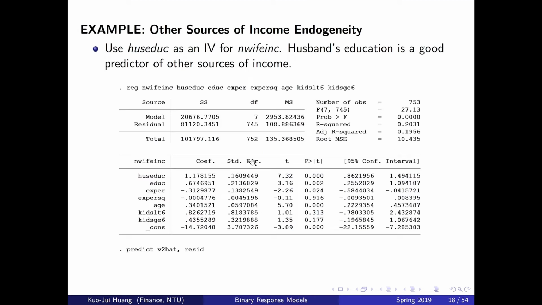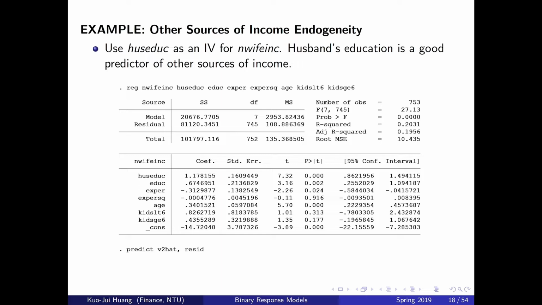Let's see an example of women's labor force participation decisions. Here we suspect that the non-wife income is endogenous. So we use the husband's education as an instrumental variable for non-wife income. The husband's education is a good predictor of other sources of income, because the higher the husband's education, the higher the non-wife income.